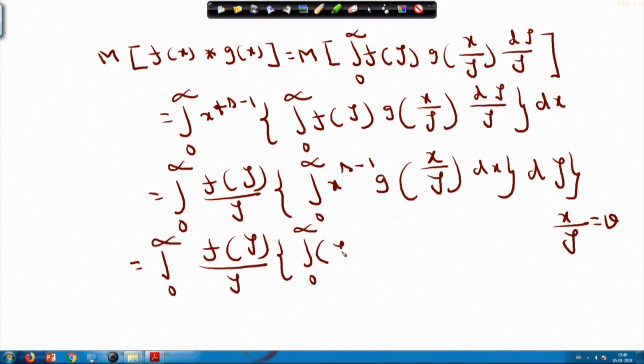So it will be (eta v) to the power s minus 1 into g(v), and dx will be eta dv, into d eta.